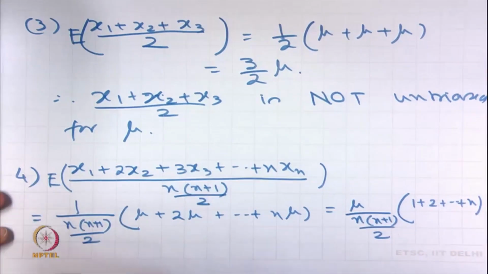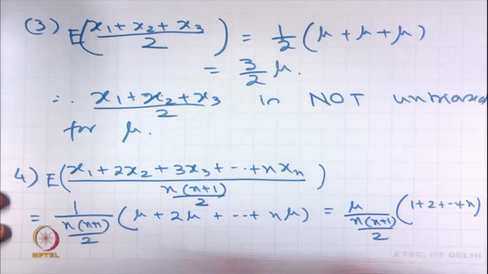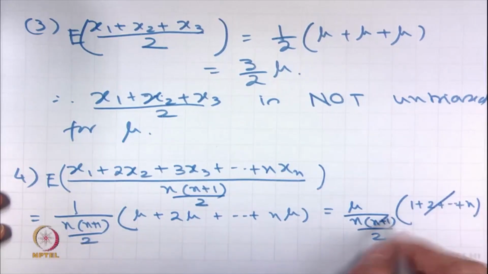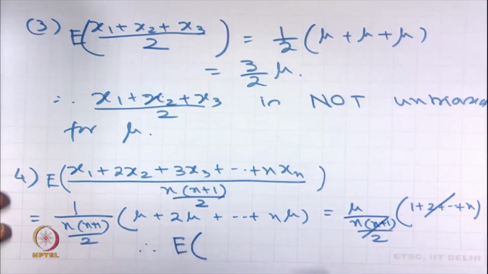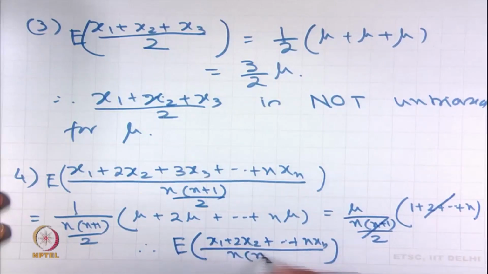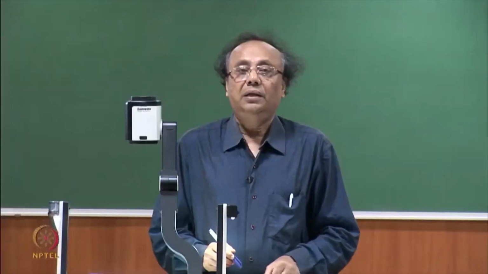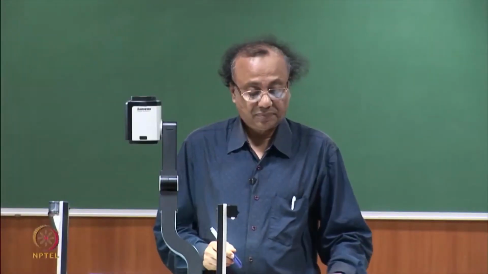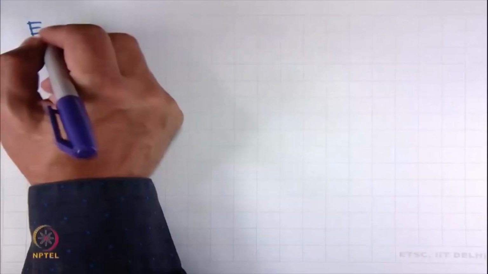And we know that the sum of the first n natural numbers is n(n+1)/2. Therefore, this cancels with this. Therefore, the expectation of (x1 + 2x2 + ... + n xn) upon n(n+1)/2 is equal to mu. Therefore, this is also an unbiased estimator for the population mean mu.